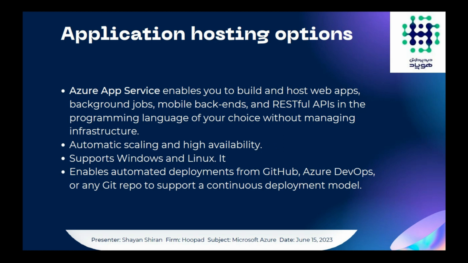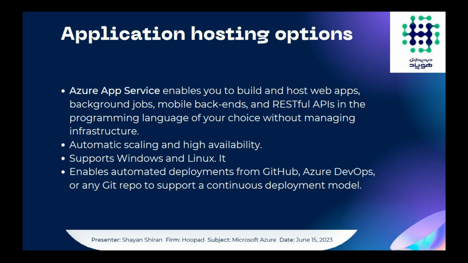And there are some application hosting options. There is a service named Azure App Service that enables us to build and host web apps, background jobs, mobile backends, and RESTful APIs in the programming language of our choice. It has automatic scaling, is highly available, and supports Windows and Linux.